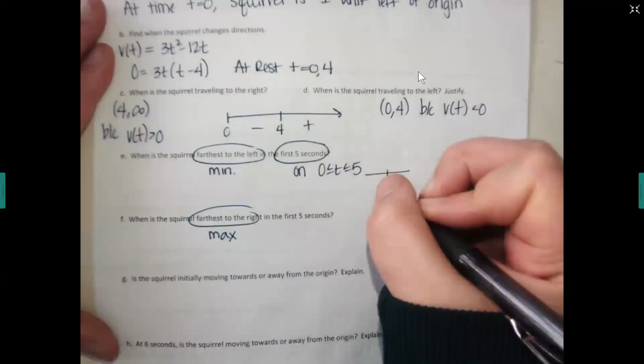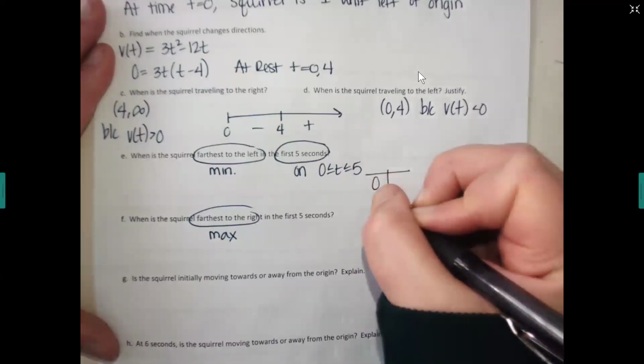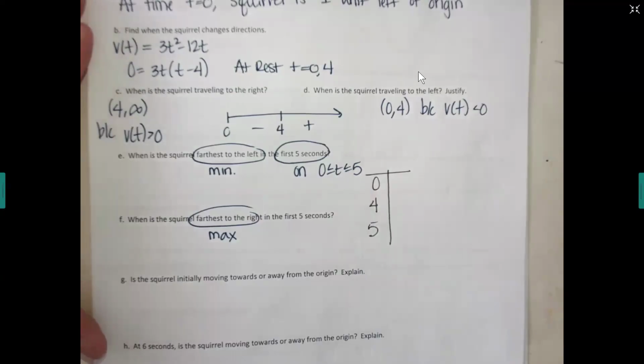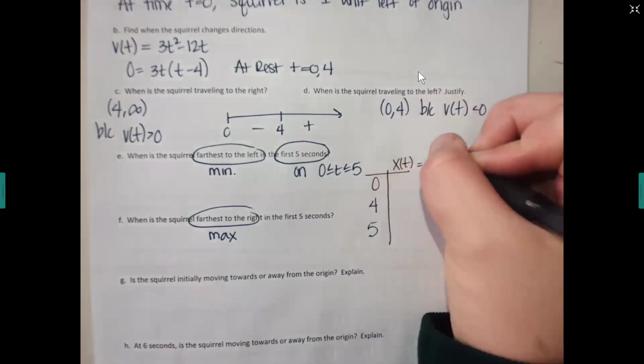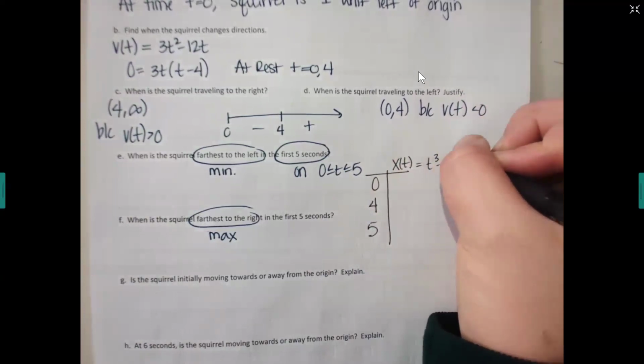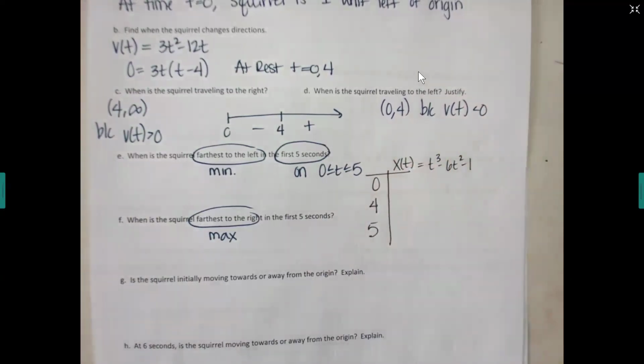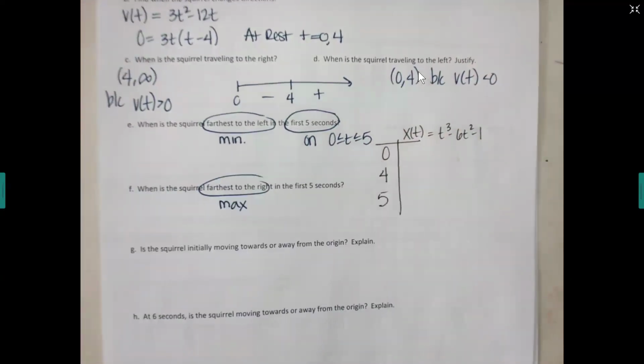So 0 and 5 are your endpoints, and then 4. Now your other critical number was also 0, but you wouldn't have to list it twice. Then remember, when you plug in, you're plugging back into the original x of t function, which was t^3 - 6t^2 + 5. And then you're looking to see which one is the biggest for the max, which one's the smallest for the min.